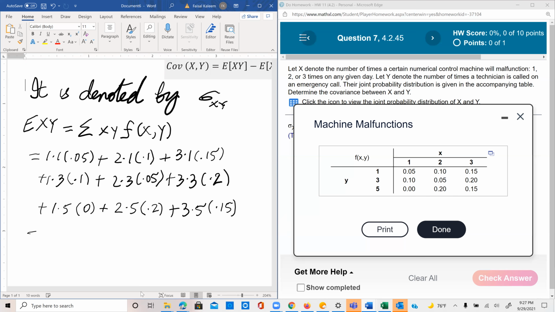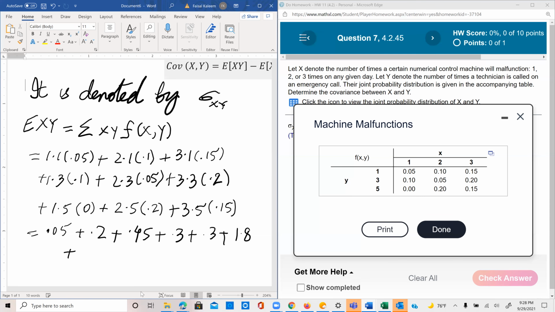Okay, so let's see what this is. So 1 times 1 times 0.05 is 0.05. 2 times 1 times 0.1 is 0.2. 3 times 1 times 0.15 is 0.45. Plus 3 times 0.1 is 0.3. 6 times 0.05 is 0.3. 9 times 0.2 is 1.8.